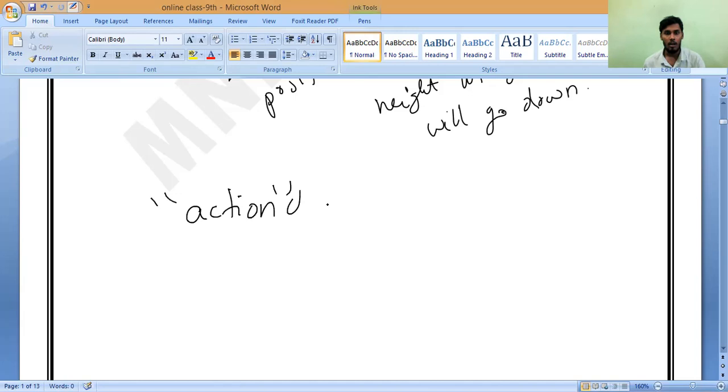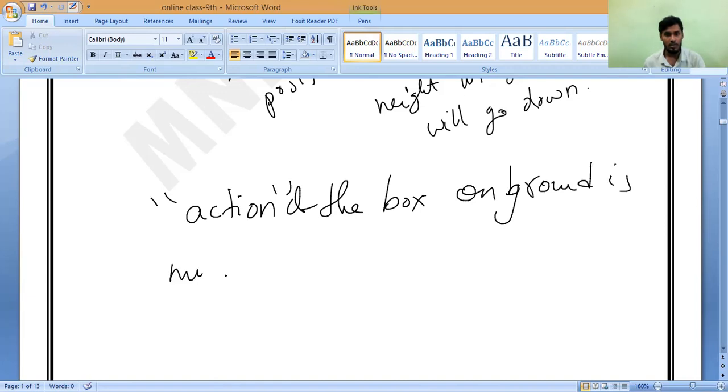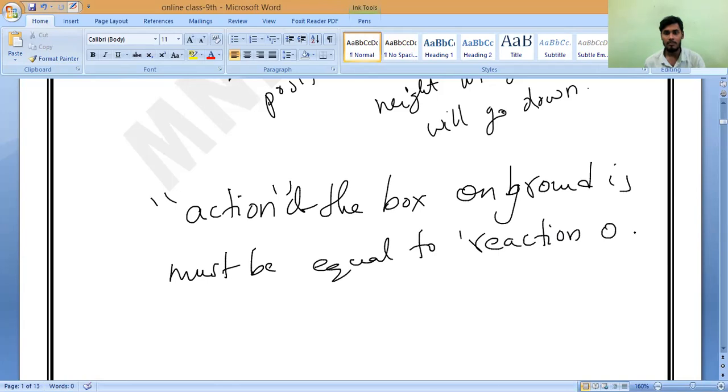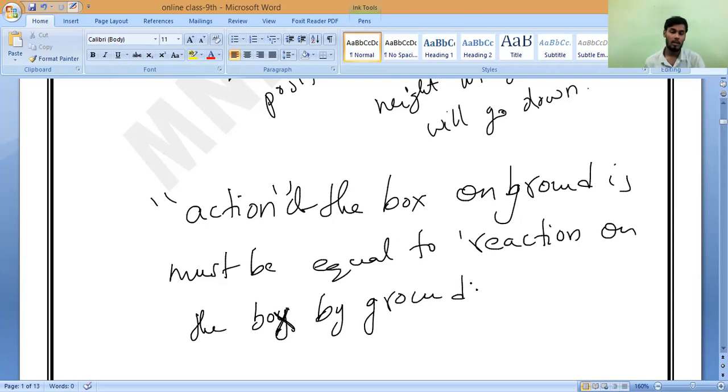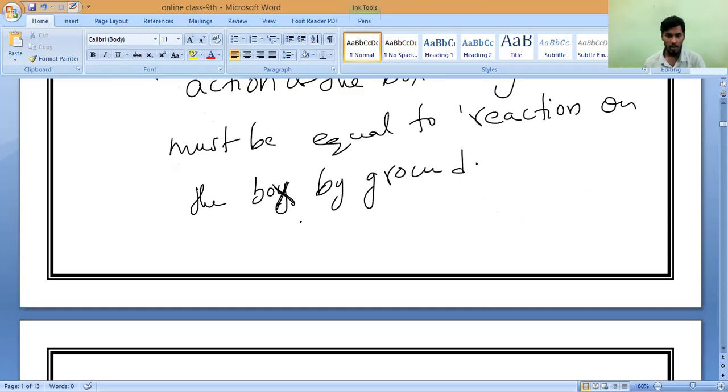Action of the box on the ground must be equal to the reaction on the box by the ground. That is why I can say both are equal. So action is equal to minus reaction.